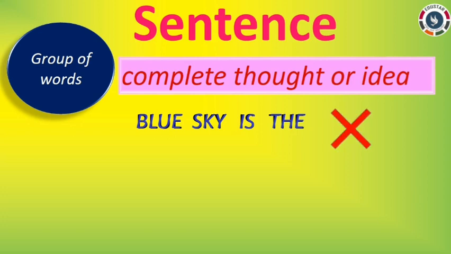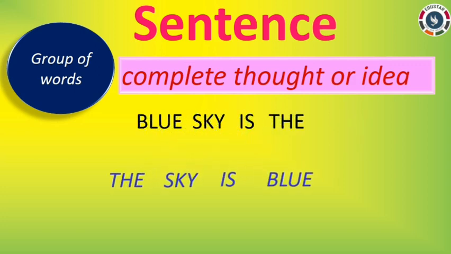Now, when we rearrange the same words, we can get a meaningful sentence. "The sky is blue." Now we get to know about the color of the sky from the sentence. As it is conveying a meaning, it is a sentence.